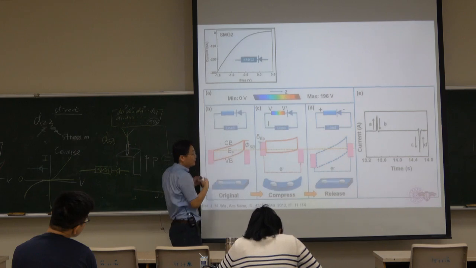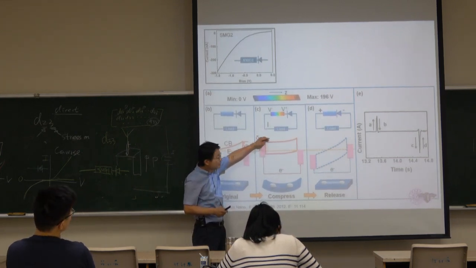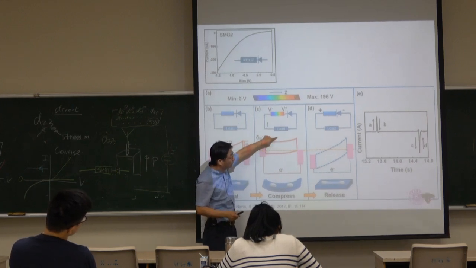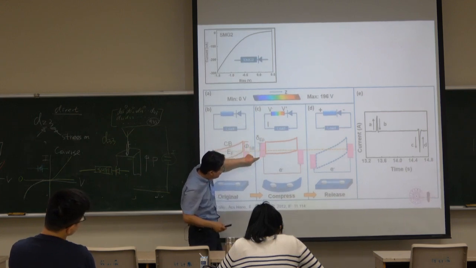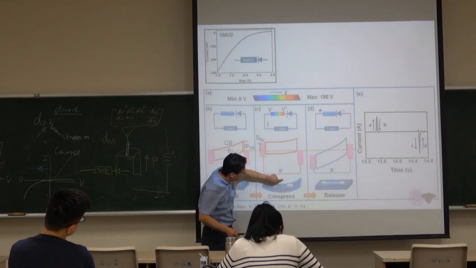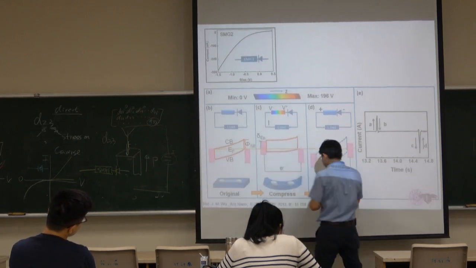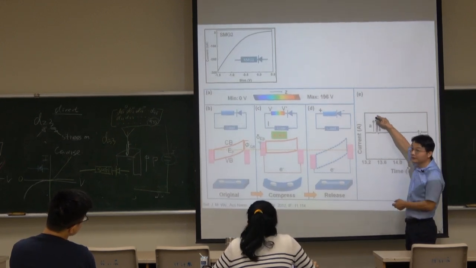As the conduction band rises, the carriers will flow from the left-hand side through the external load to the right-hand side. So at this moment, you could see it generate electricity.